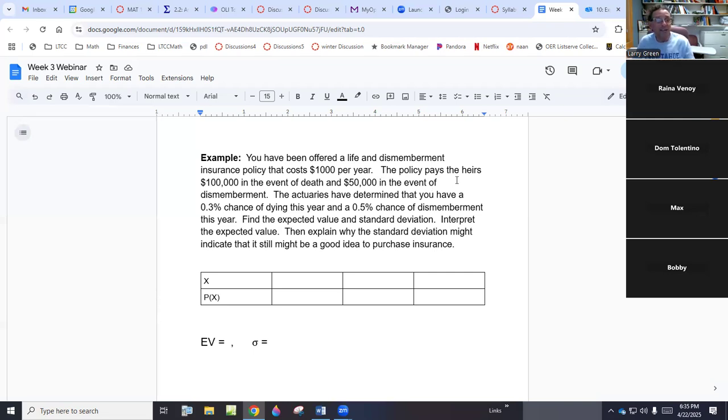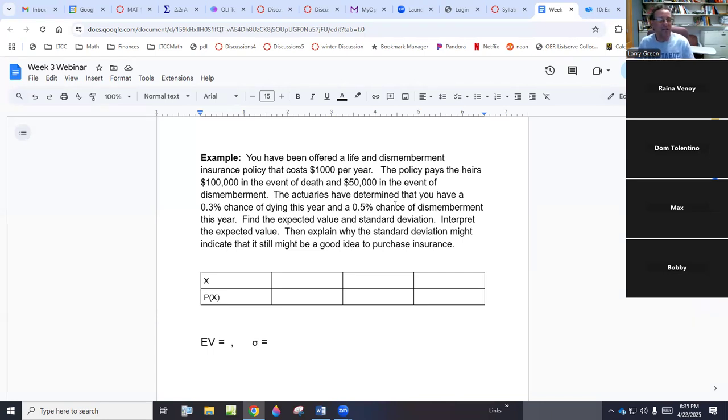The policy pays the heirs $100,000 in the event of death. Obviously, if you die, you don't get paid because you're dead, but your heirs, your children or your spouse, whatever it might be. And $50,000 in the event of dismemberment. For dismemberment, they pay you, not your heirs, because you're still alive.